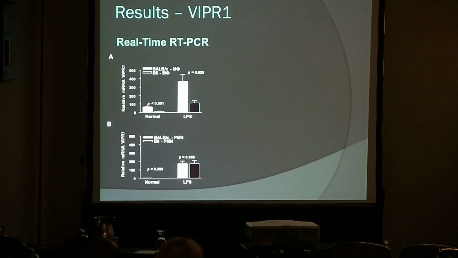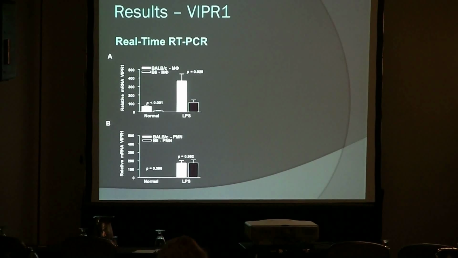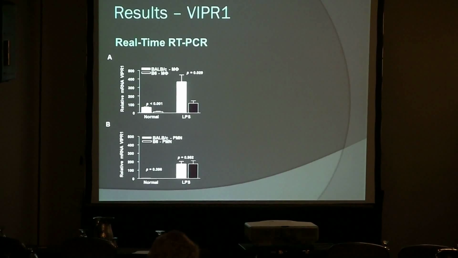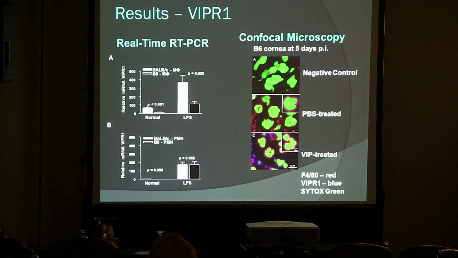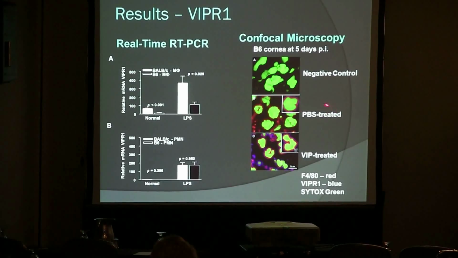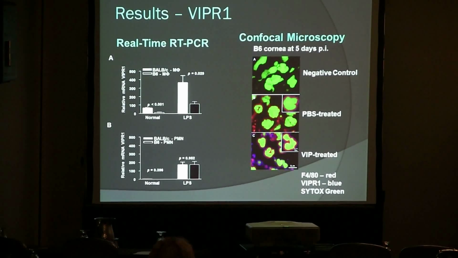So we then asked, is there any role that VIP perhaps is having, like is exposure to VIP perhaps enhancing VIP-R1 expression on the macrophage? And so we used confocal laser scanning microscopy, looking at B6 corneas at 5 days post-infection. And what we found was that PBS-treated corneas stained positive for F4/80, which is our macrophage marker, but very few of these cells co-expressed VIP-R1, one of which is shown in the inset here.